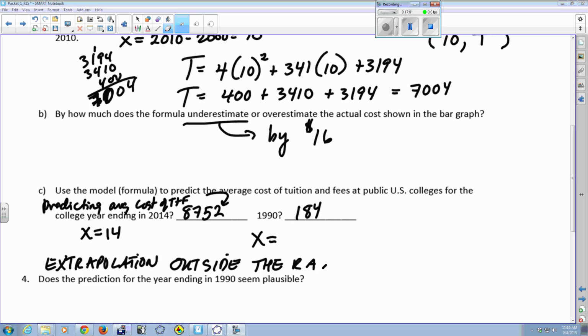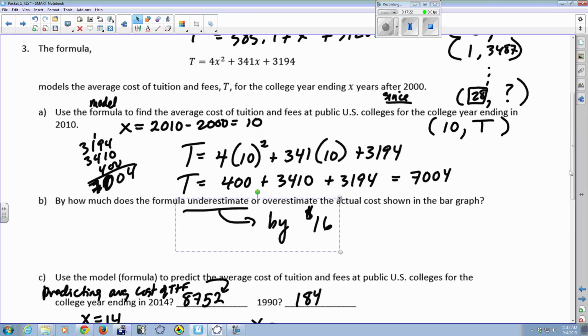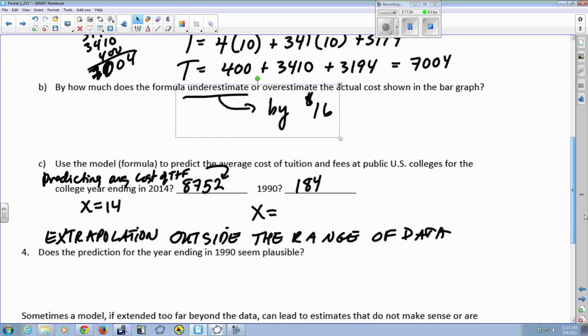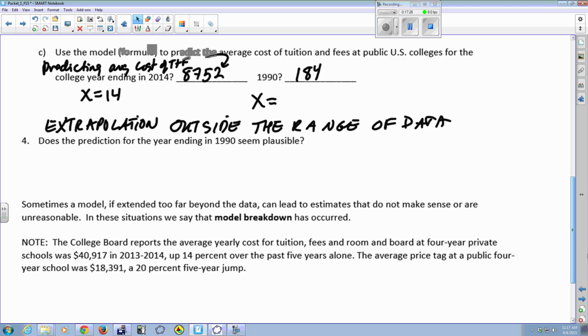So again, we have to be fairly cautious whenever we go outside our data set because our model is built on those values from 2000 to 2010 only. That's the only data that came up with this equation. So whenever you're asking questions that go into the future or the past, you have to be a bit skeptical and cautious.